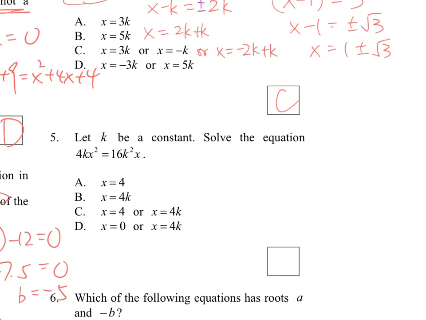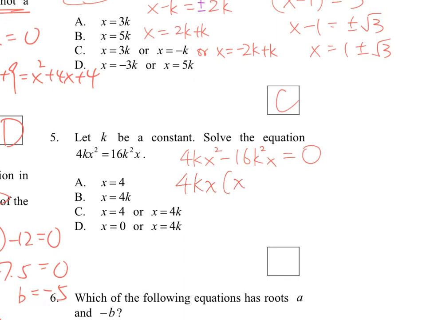Okay, question 5 is a little bit tricky as well. This time, it is not a perfect square on the left hand side, and it is not a perfect square on the right hand side either. So what you have to do is move every term to one side and retrieve the form of a general quadratic equation equal to 0 first. Now we take out the common factor, which is 4kx.